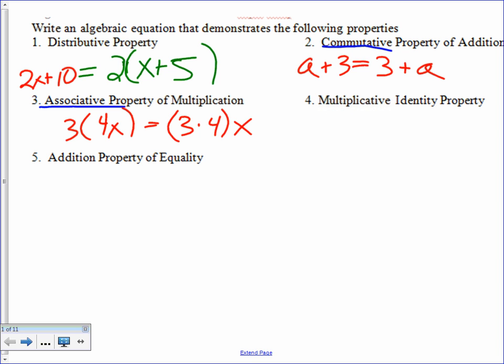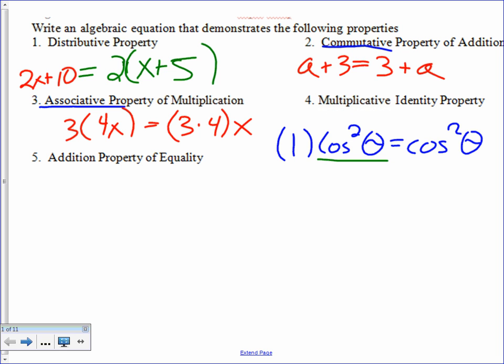The multiplicative identity, now I think I used this on the sheet, which is 1 times cosine squared theta equals cosine squared theta. And you're probably asking yourself, what the heck is cosine squared theta? And the point is, it doesn't matter. 1 times that is going to be itself. That's the whole point of the multiplicative identity property.